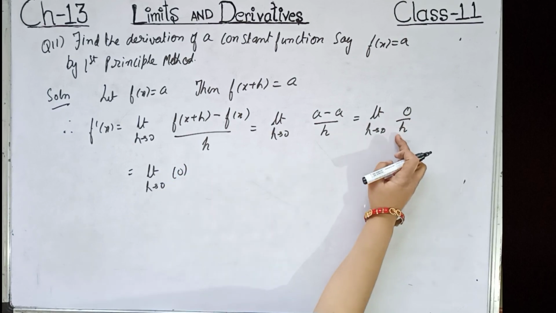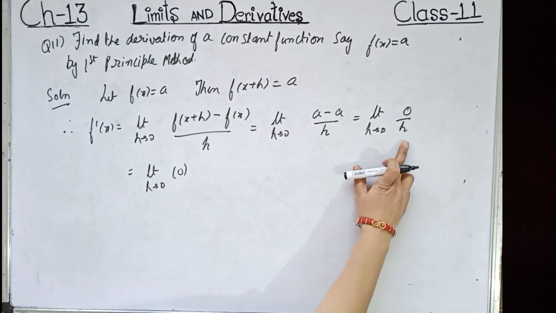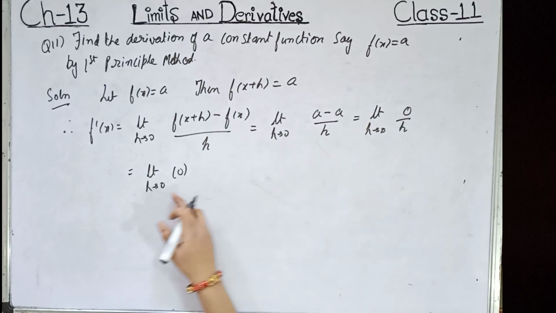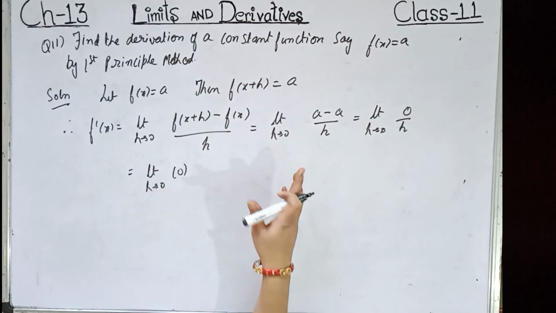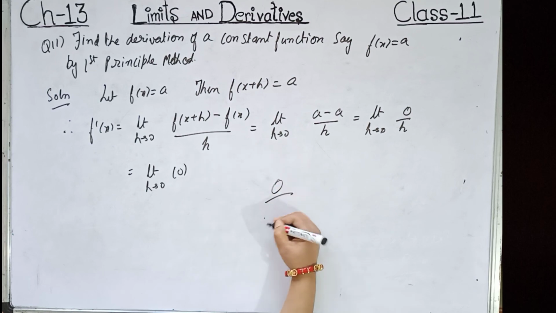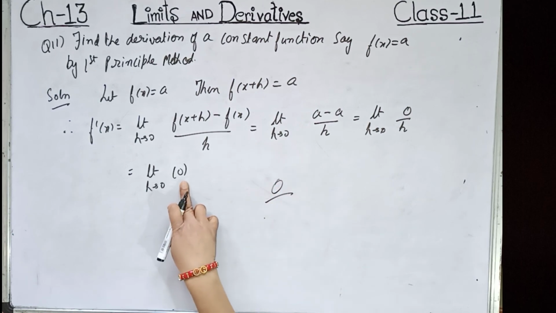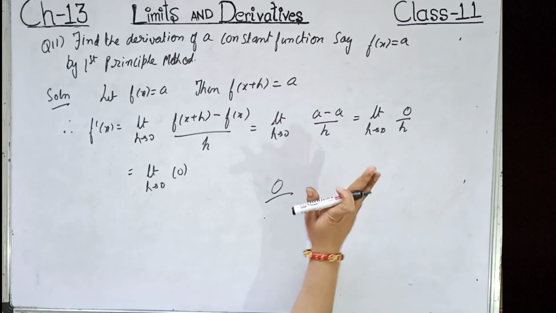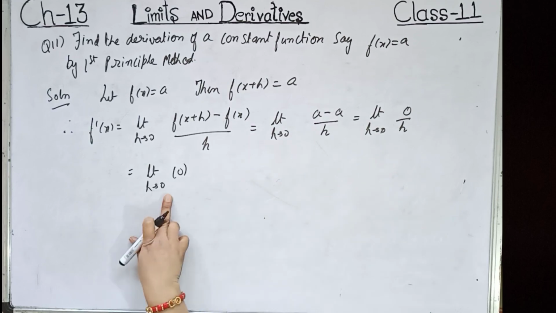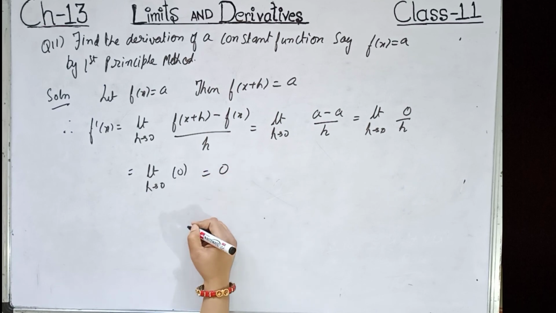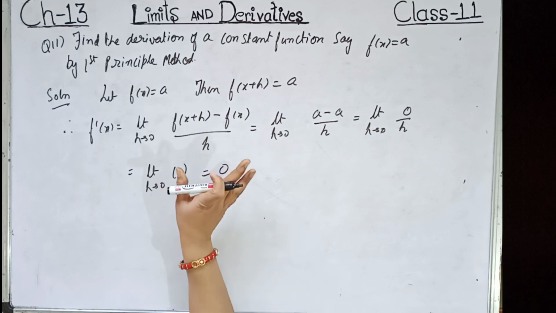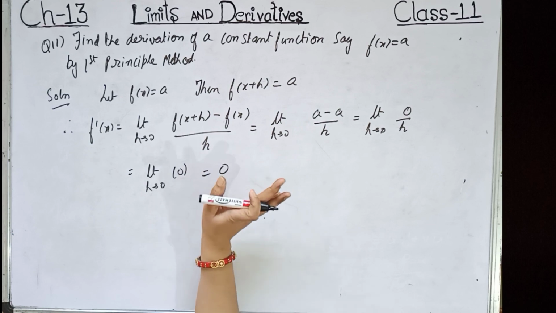Here 0 by h I am writing as 0 because h is actually not 0, h is tending to 0 obviously, and also I am not putting the value of h over here. Here the limiting value I am not keeping. 0 by any number I am keeping as 0, because h over here is not exactly 0, it is tending to 0. So limit h tending to 0 of 0. Now over here no h term, so this will be 0. So the derivative of a constant term is always 0.